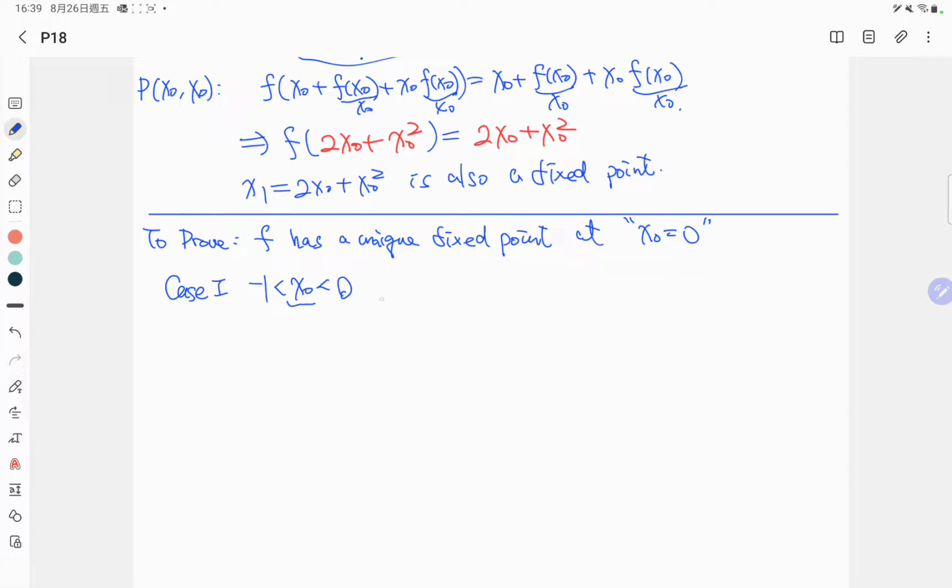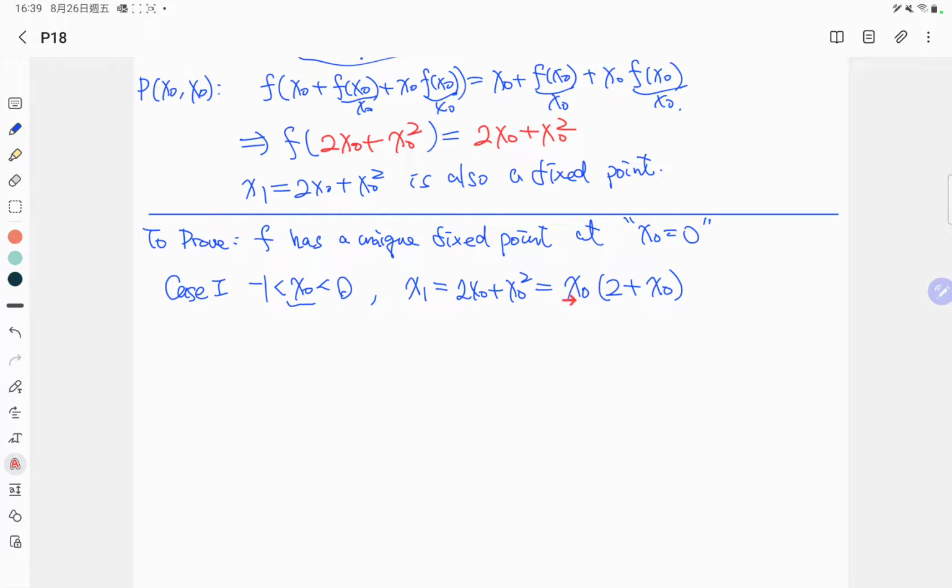Then x_1 equals 2x_0 plus x_0 squared equals x_0 times (2 plus x_0). It's also a fixed point, as we have shown above.